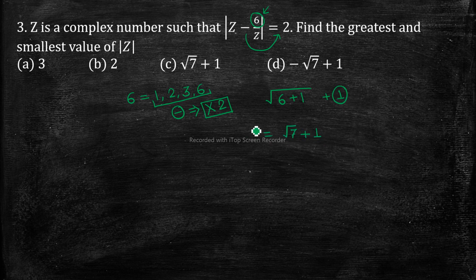This is our greatest value. In the same case the least value is the conjugate form of root 7, that is minus root 7 plus 1. This is our least value. Whenever we do not get it by subtraction and multiplication, the method is this one: under root, the constant term plus 1, and it is fixed for all the problems. Okay, let's see another problem.